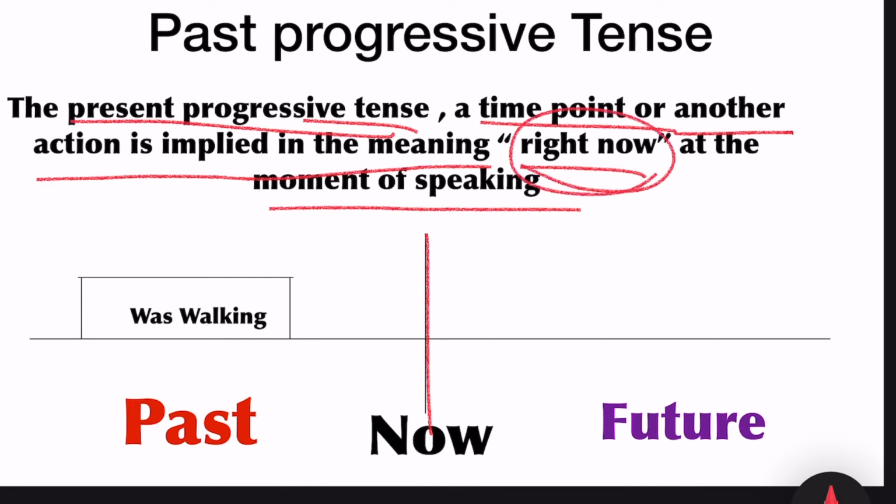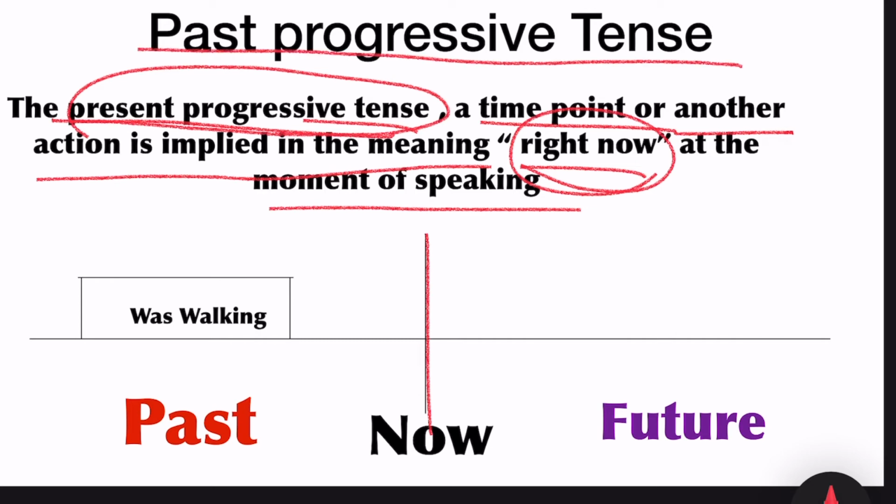A continuous action happening at the moment of speaking is expressed with the present progressive tense. But past progressive tense expresses an action that began in the past and continued for some time in the past. To express this action, we use past progressive tense.